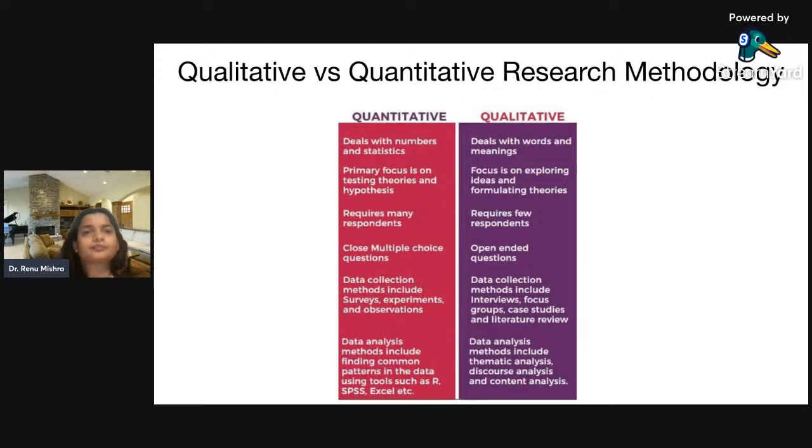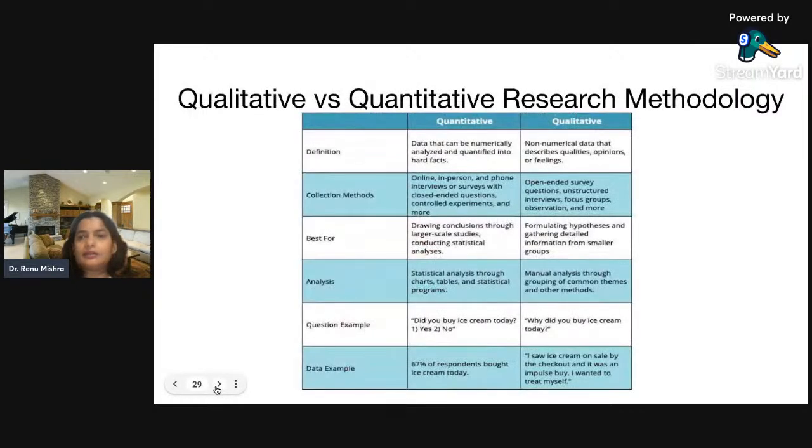All right. So this is further the difference between qualitative and quantitative research methodology. I have told you on the basis of what kind of tools and collection methods we go for. There are examples also.